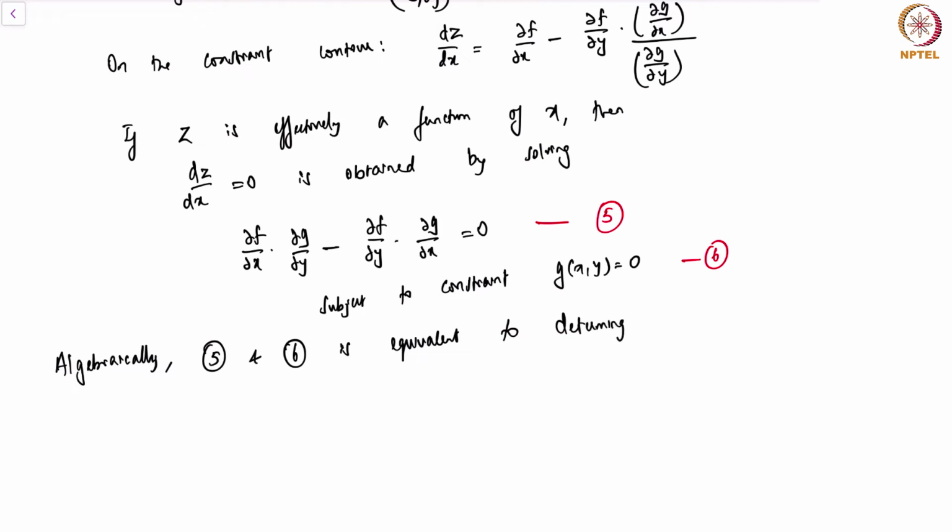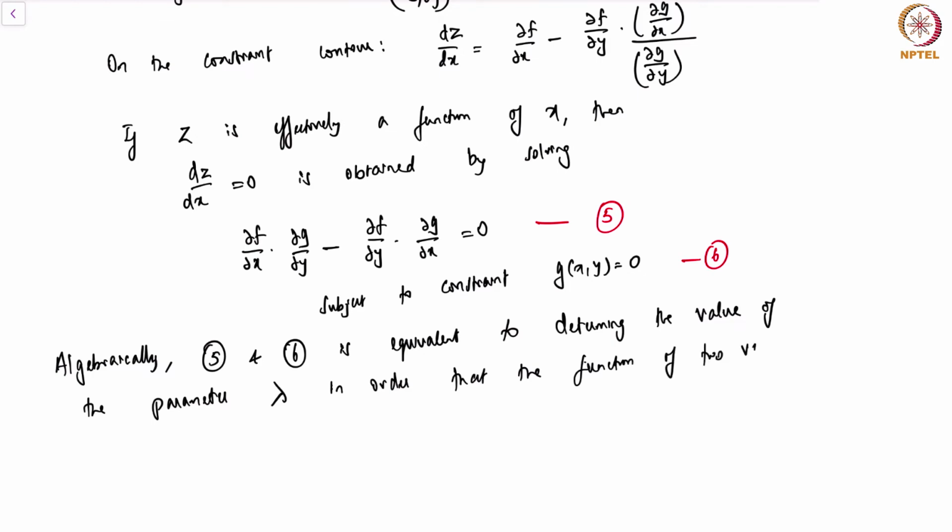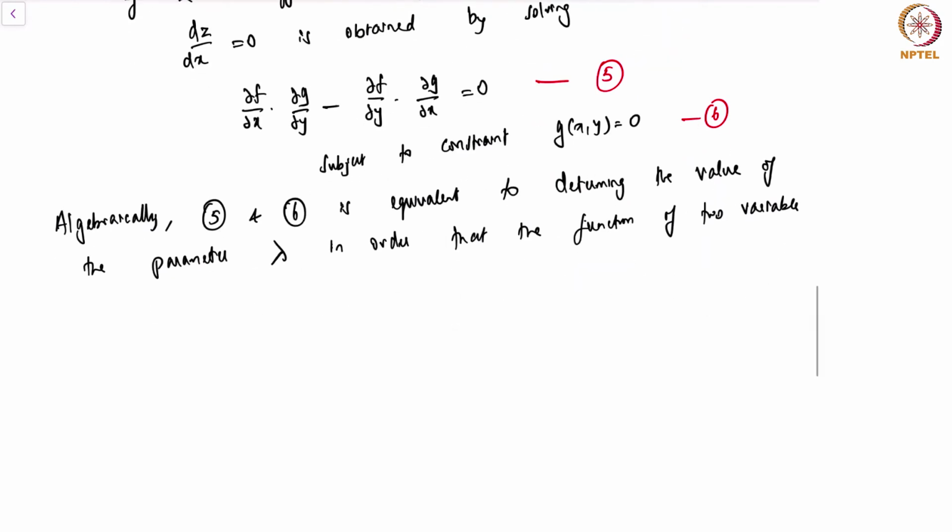determining the value of the parameter, a new parameter lambda, in order that the function of two variables, we will introduce a new function. It's an auxiliary function w.